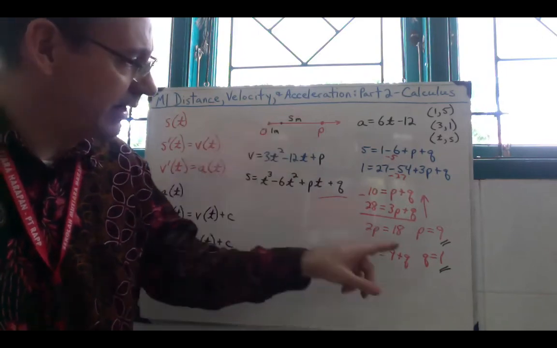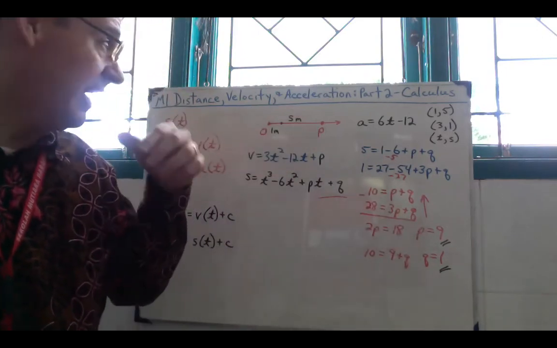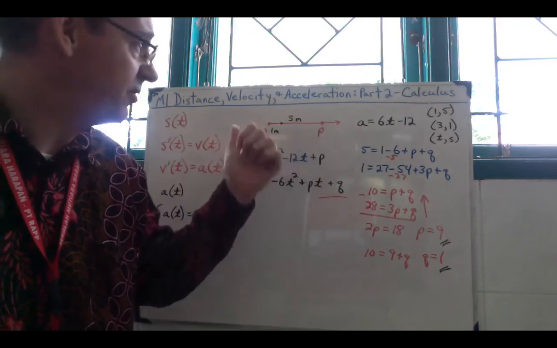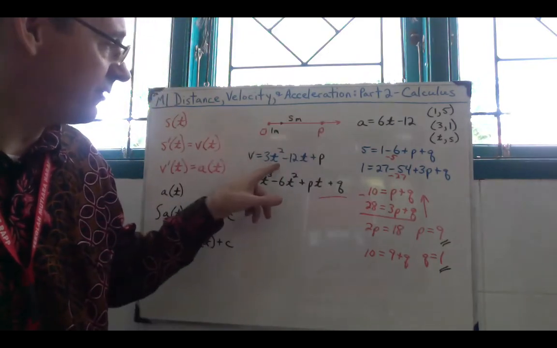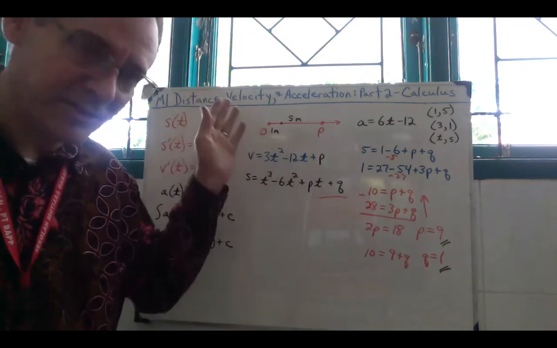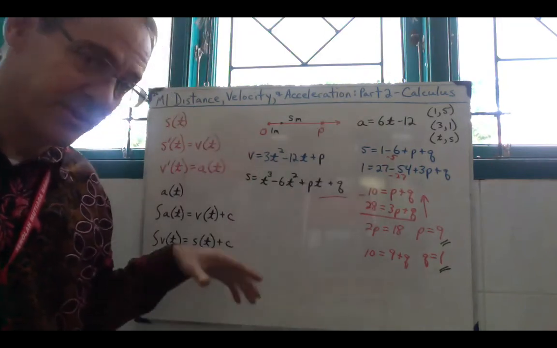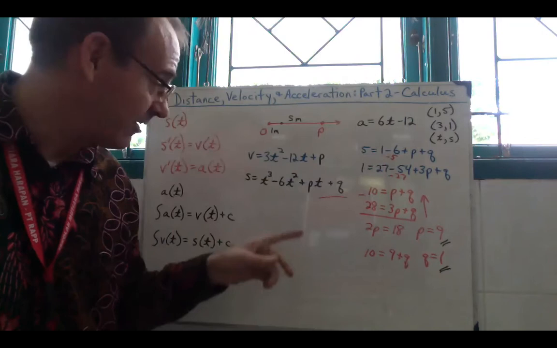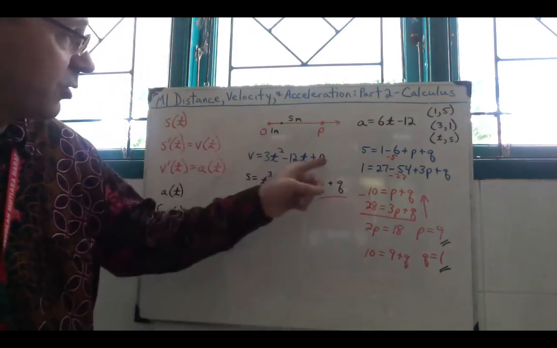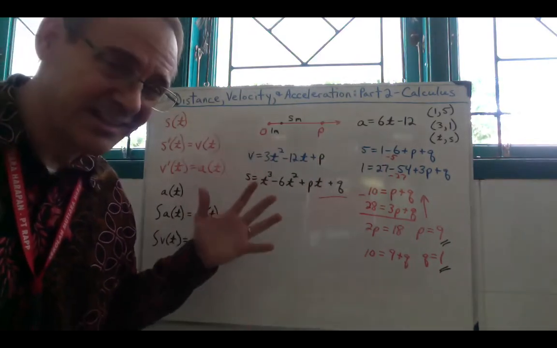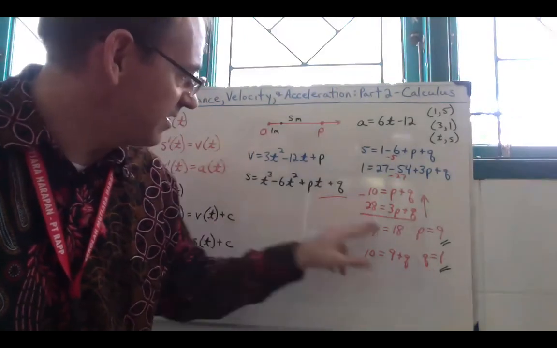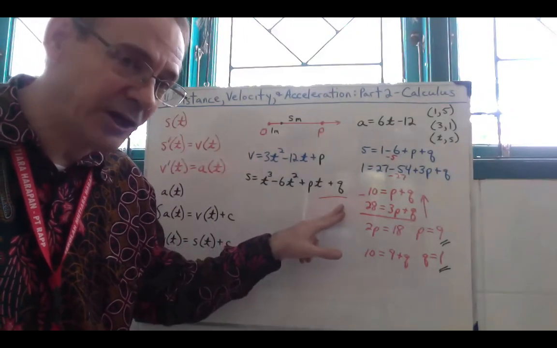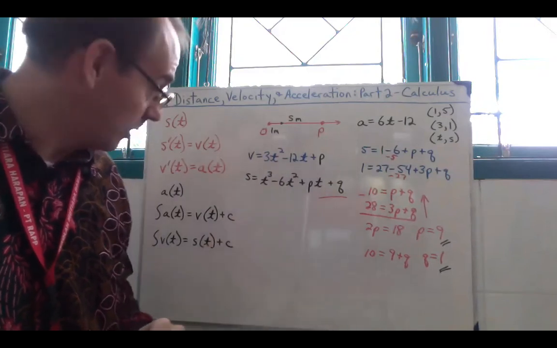It started going away from it, and it may at some point have turned around, because notice our velocity is a quadratic. That means it's going to be positive, negative, positive. So at some point it's going to turn around because it's a quadratic function. We looked at that last time in the diagram. So what that means is it didn't start at the origin, which is important.